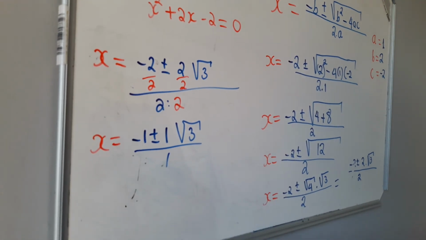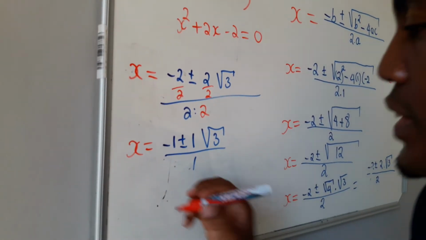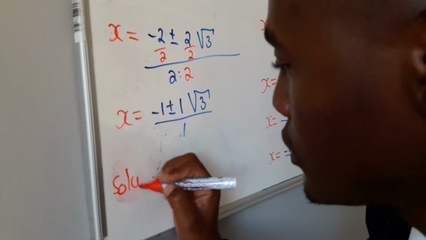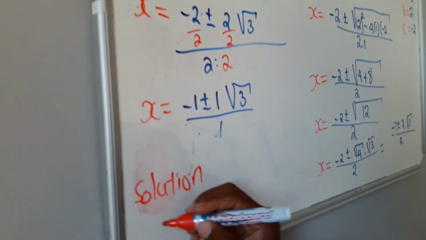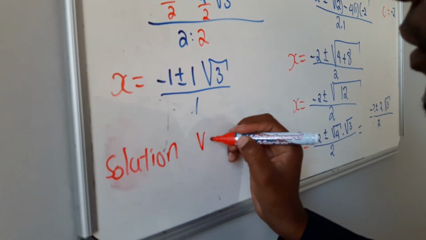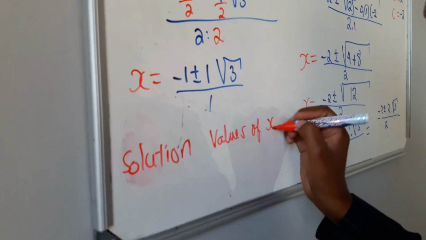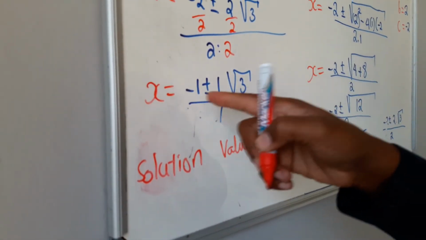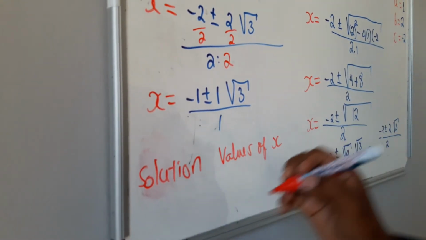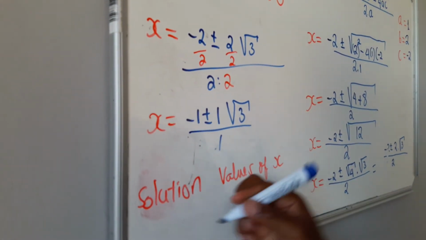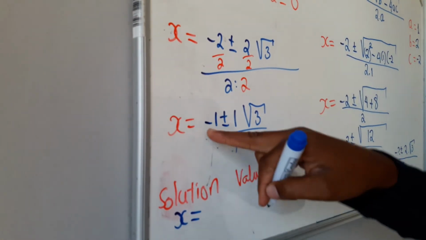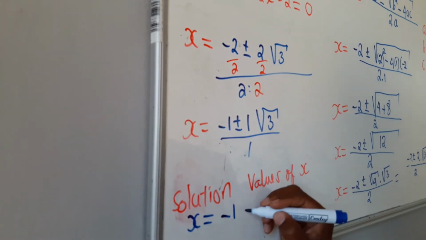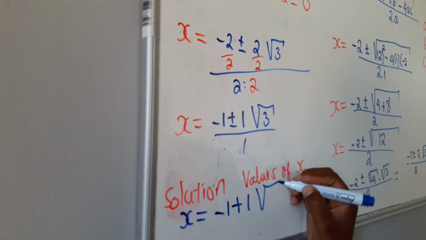That means that the values of x, the solution, I'm going to write here, solution. So x can be, if I plug in the values, x can be -2 plus 1, oh minus 1, sorry, plus 1 and the square root of 3.